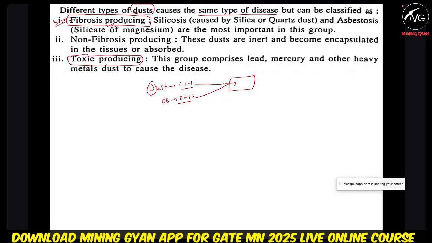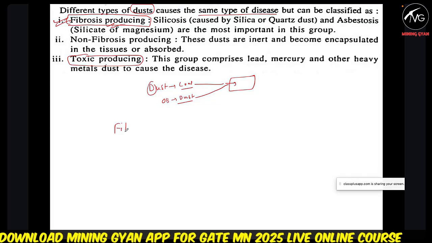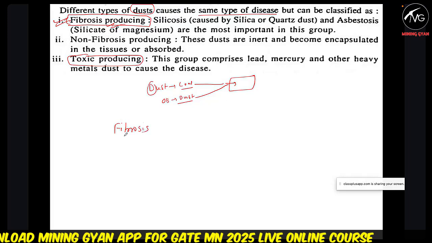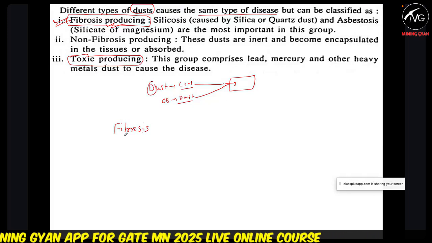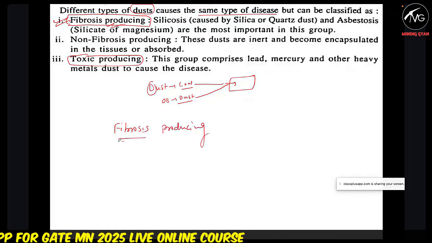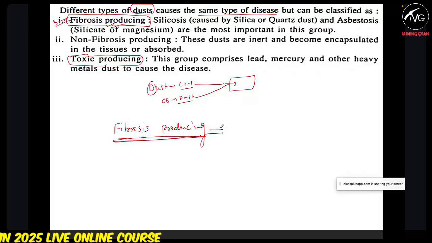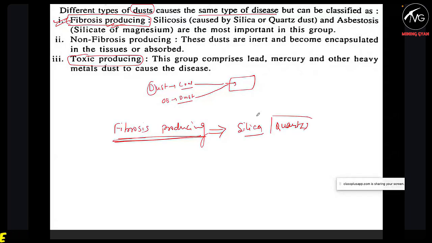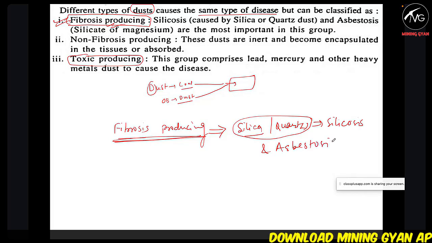So fibrosis producing means dust producing. This is also a dust generated disease, but its cause will be silica, quartz, which means silicosis, and asbestos, asbestosis.